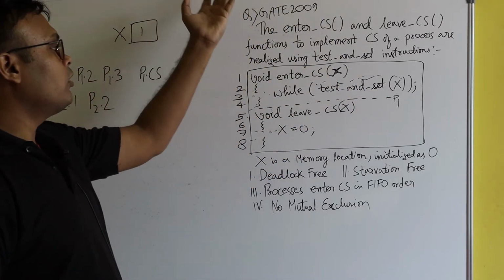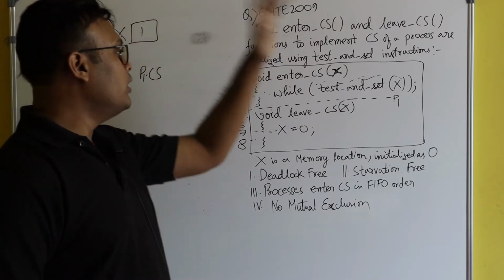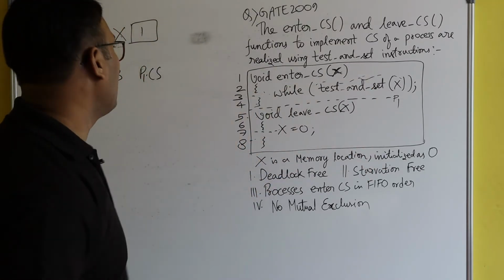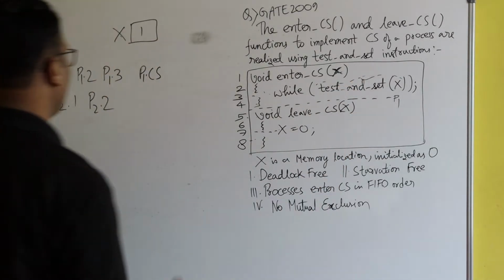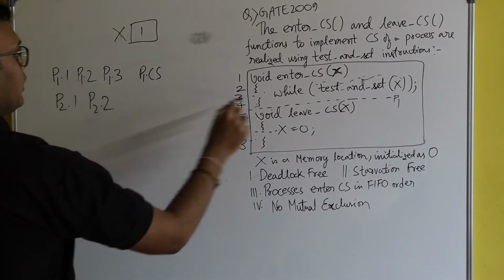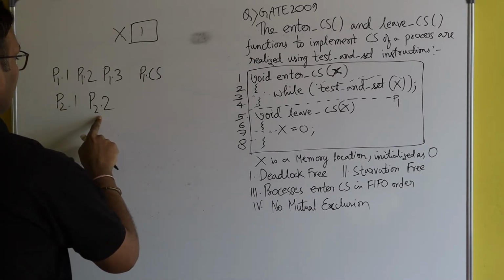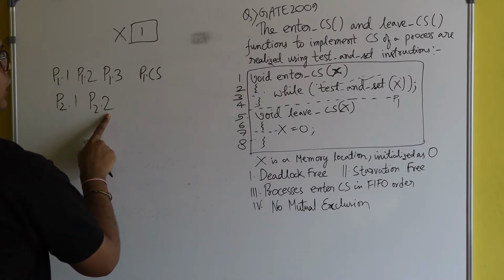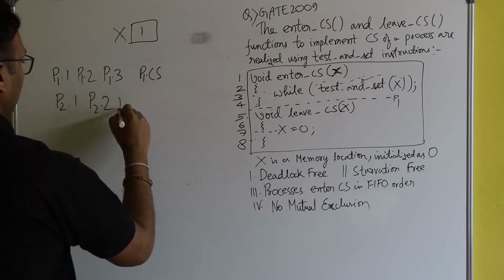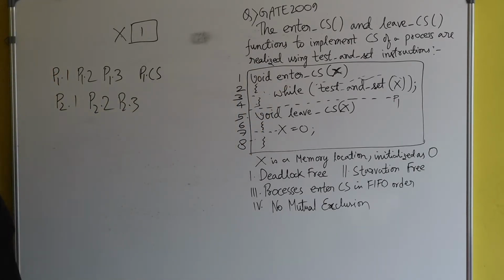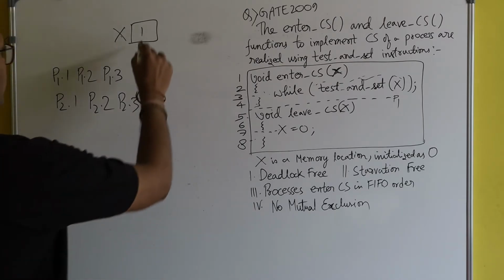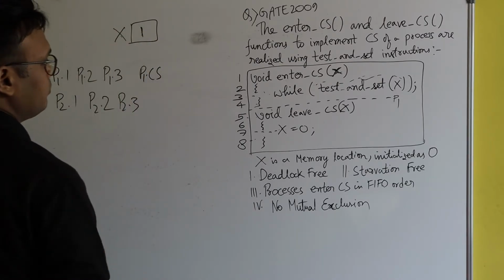The definition of test and set instruction will return the old value of x. Now the old value of x is 1. So 1 will be returned here, and now P2 will be stuck here. So P2 is stuck in line number 3, the while loop, because the value of x is 1.